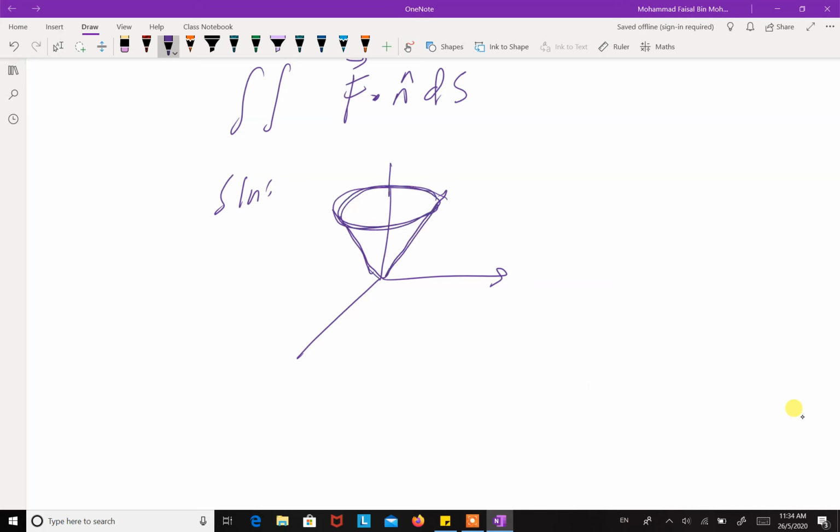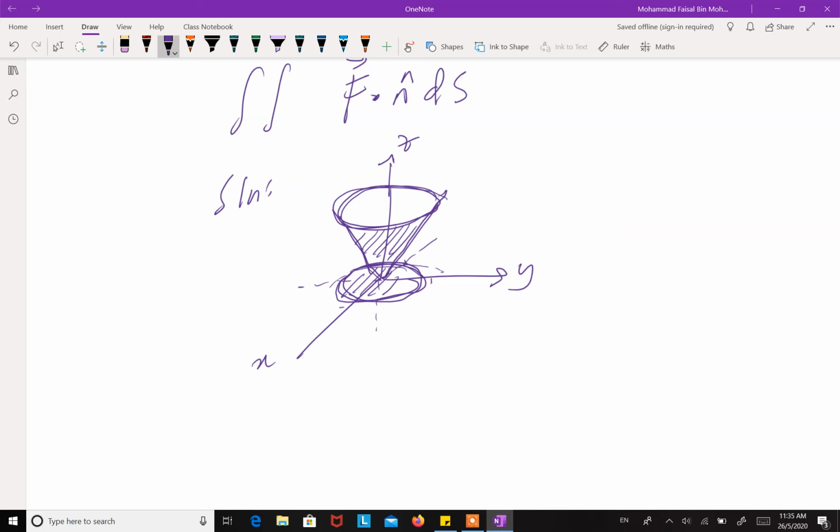Then this is Z, X and Y. So as usual, the shadow of the cone is on the XY plane, the surface in the XY plane.